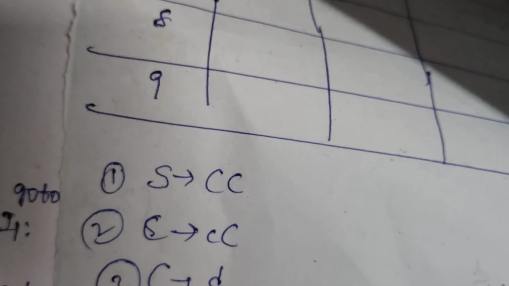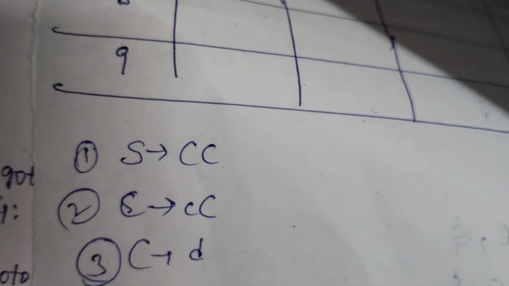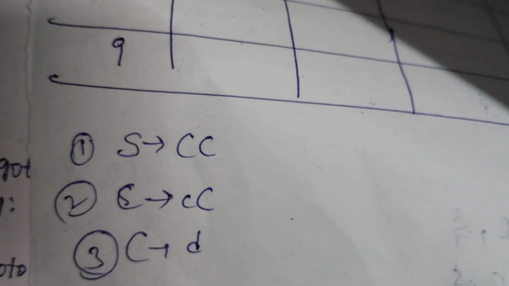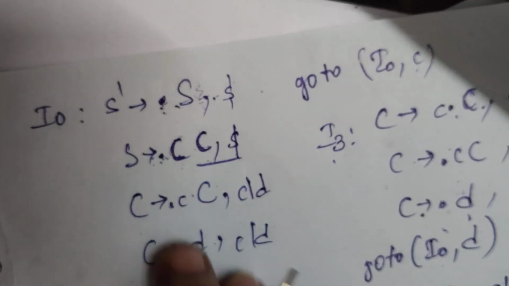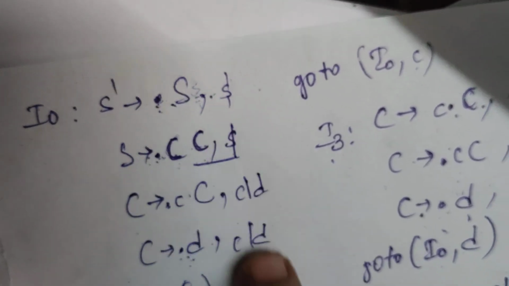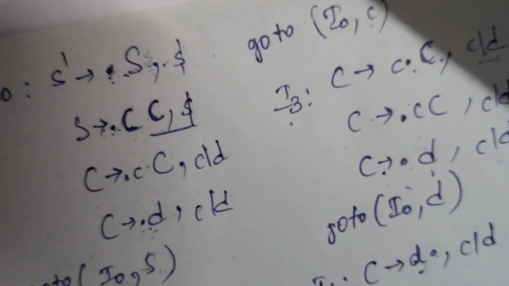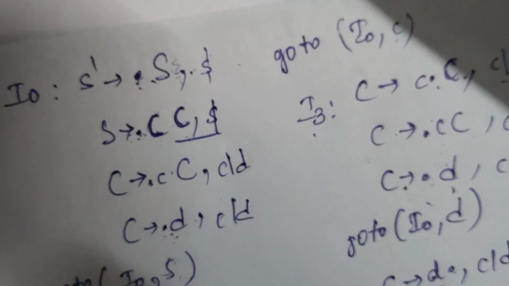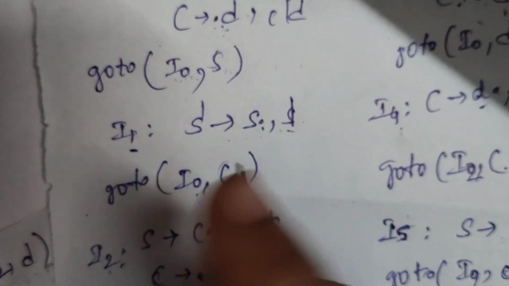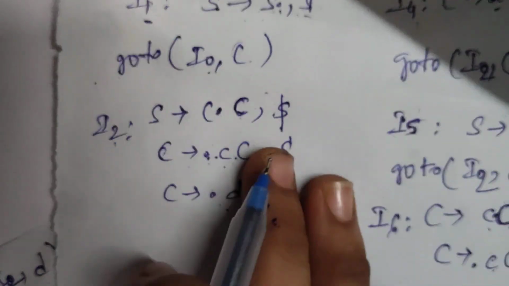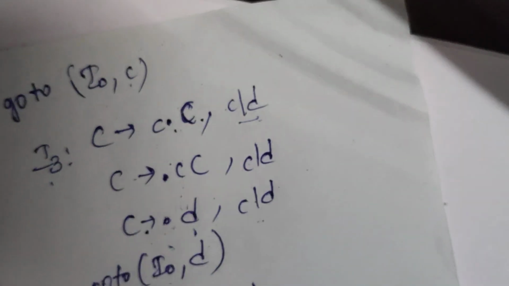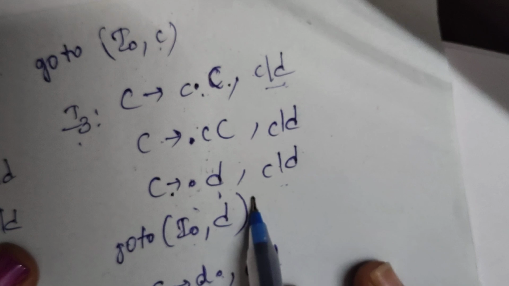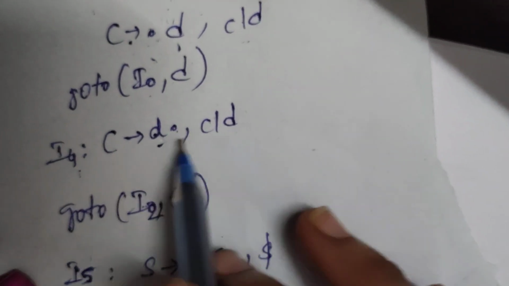Okay. Now go and visit all the items and check if the dot has reached end anywhere. First we will go to I0 and check if dot has reached end anywhere. No, dot not reached end. In I1 it reached, but this is augmented, so skip this. So in I2 dot has reached end? No. Go to I3 dot reached end? No. Go to I4, dot reached end.